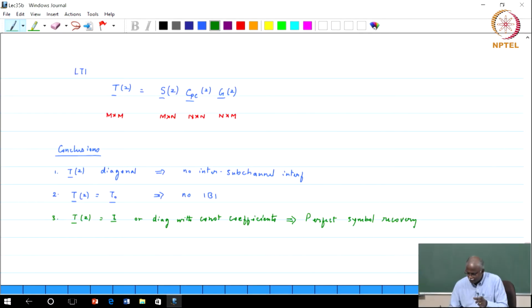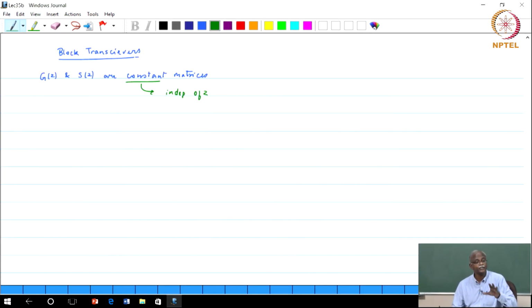That is why we are making this assumption, it is not a restrictive assumption. At the transmitter, do not create a mixing of the signals. Independent of z means that we are talking about a memoryless type of transmitted signal. There is no memory built in, you are not combining past signals.